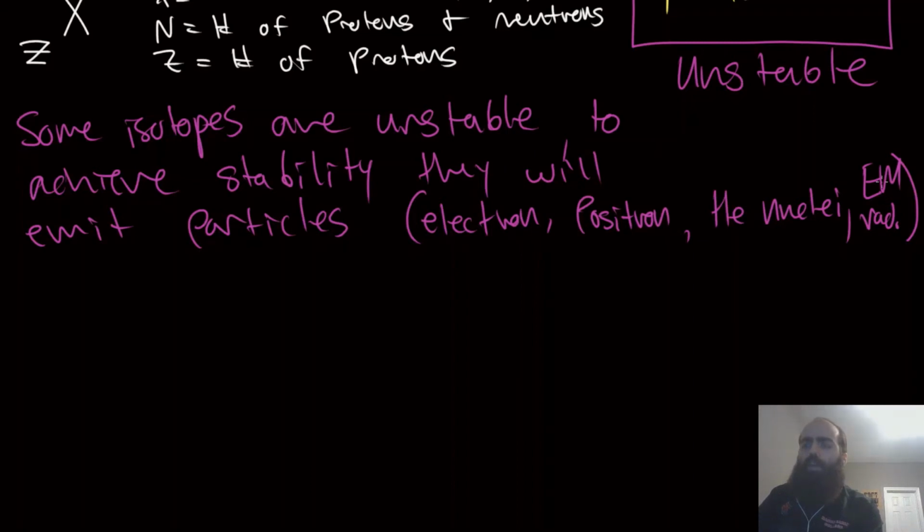Or another way of saying that is just they could be emitting particles of light. So some of these unstable nuclei, to achieve stability, will actually sacrifice parts of themselves, kick them out of themselves. They will emit these particles from their own nucleus in order to achieve that stability.